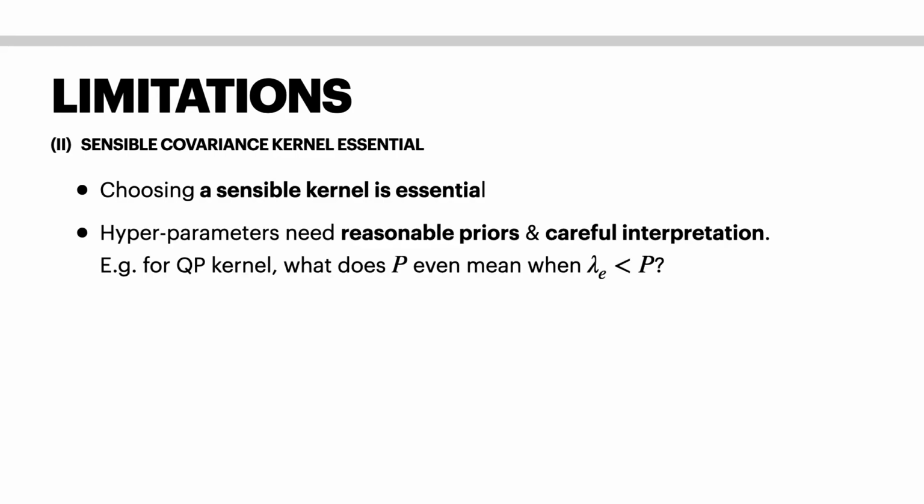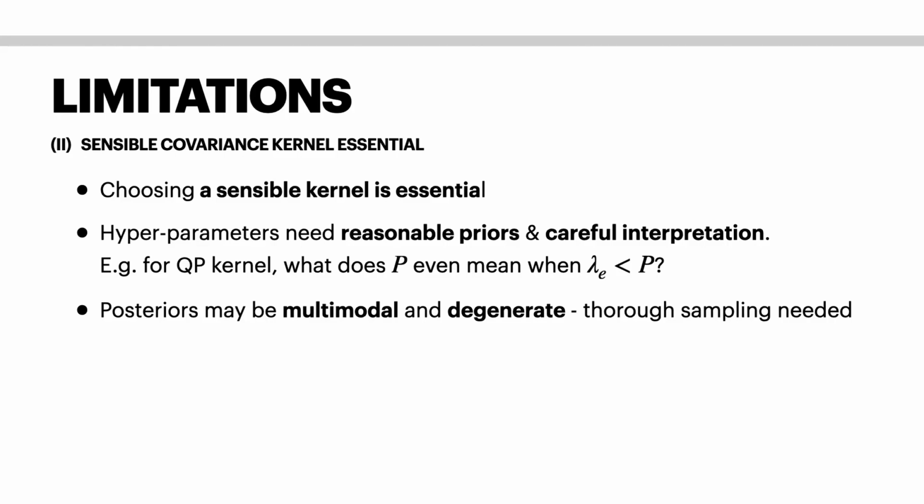Designing or choosing appropriate kernels is a big topic in itself, but just to give you an example of some of the subtleties, consider the quasi-periodic kernel we've seen a few times now. If we allow the functions to evolve on timescales shorter than a single period, p, then functions at time t won't even look similar to the same functions at time t plus p, and so the very idea of periodicity becomes meaningless, which would be bad if you're trying to characterize periodicity, so you have to be careful.